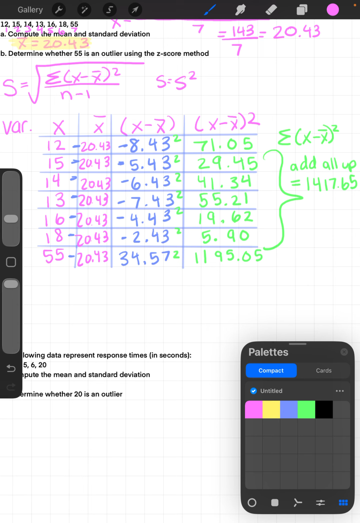Once we got that number, we're gonna divide by n minus 1, and n minus 1 is equal to 6.